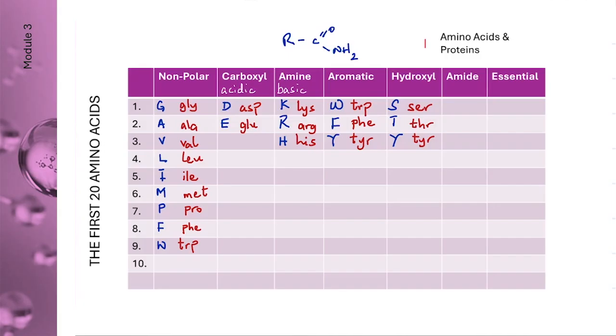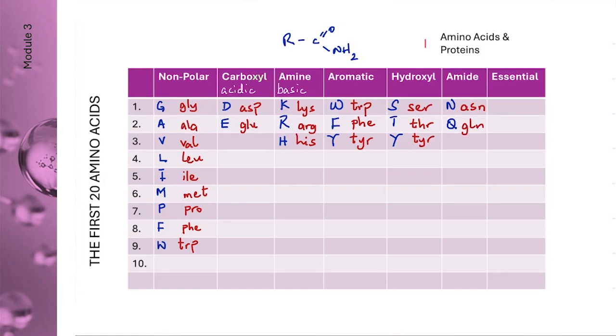You can use the logic of the carboxyl group. You have aspartate and glutamate, but in the amide, you have asparagine and glutamine. Asparagine is N and glutamine is Q. The three-letter for asparagine is ASN, and the three-letter for glutamine is GLN.